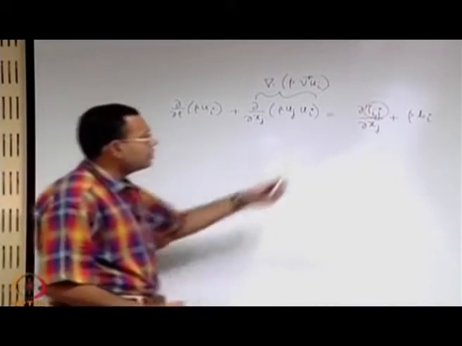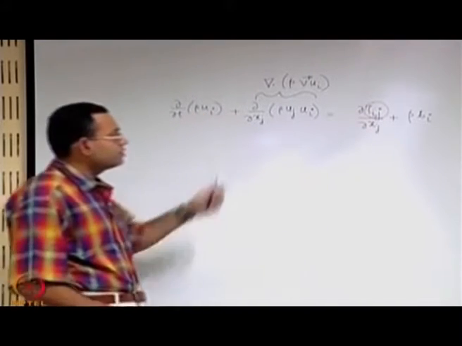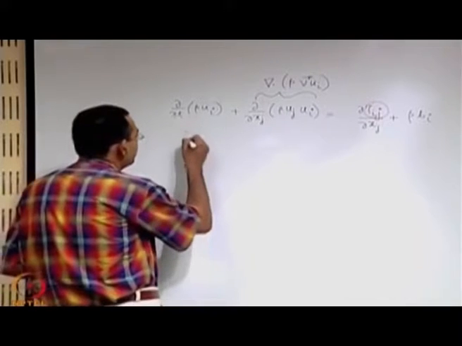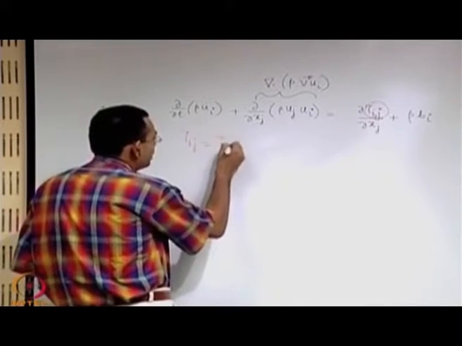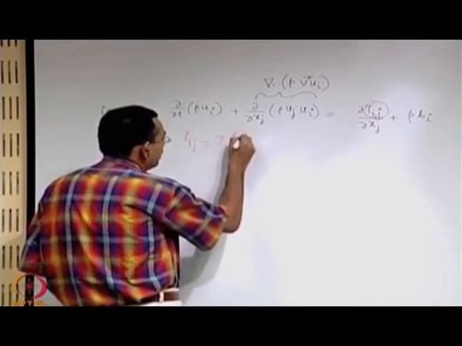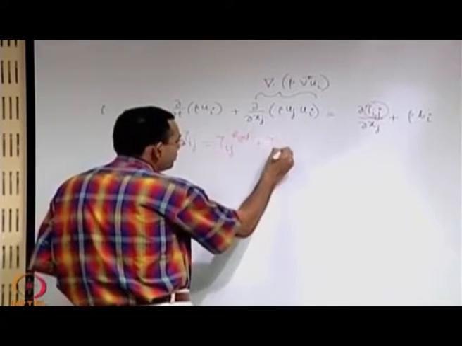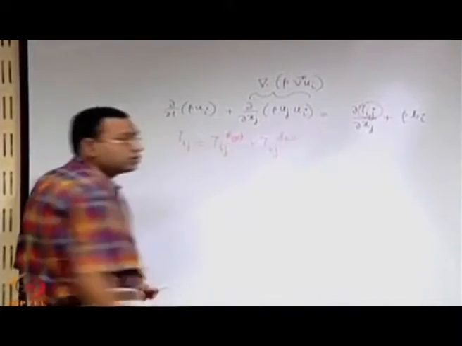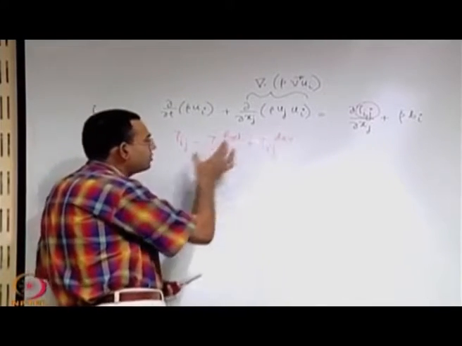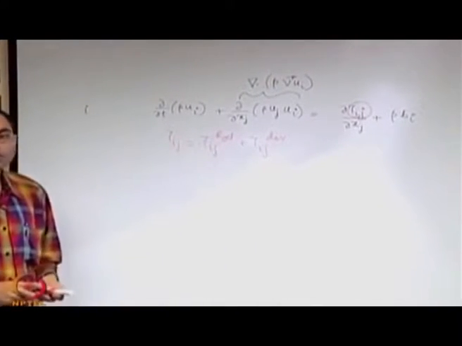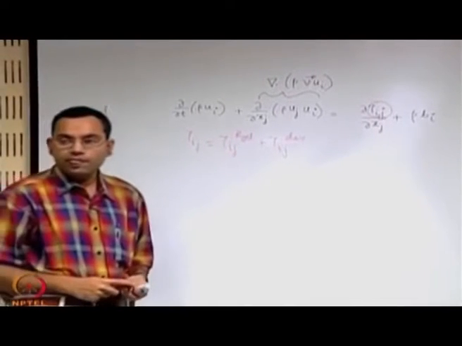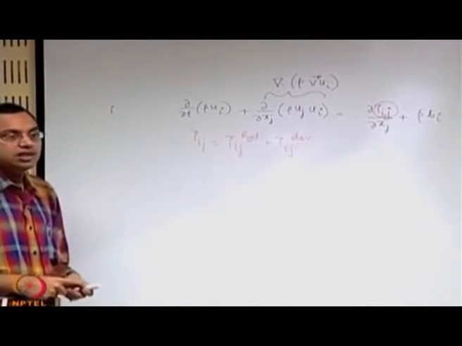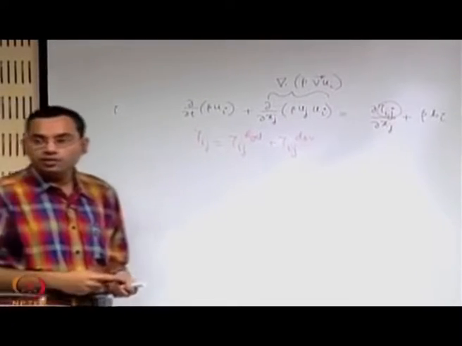Now when we wanted to express the tau ij, its two components were the hydrostatic component and the deviatory component. The whole idea was that you have a component of the stress tensor which is a function of the deformation, and a component which is not a function of the deformation.